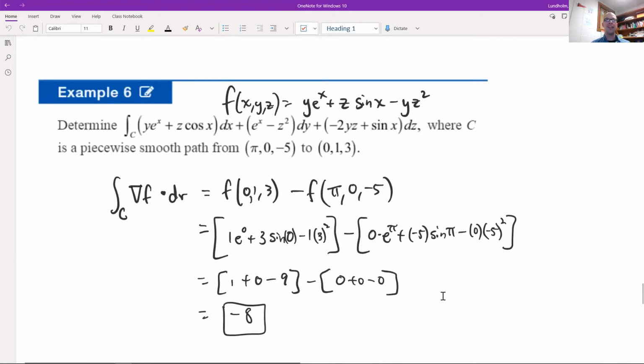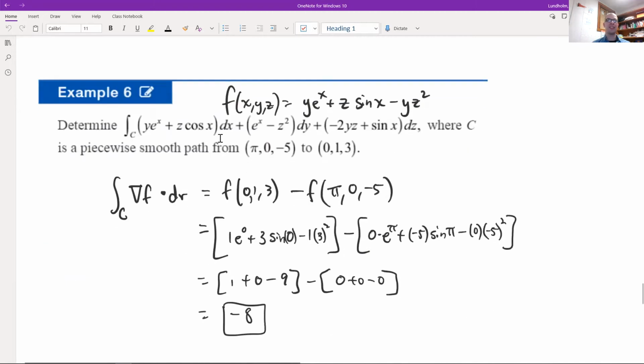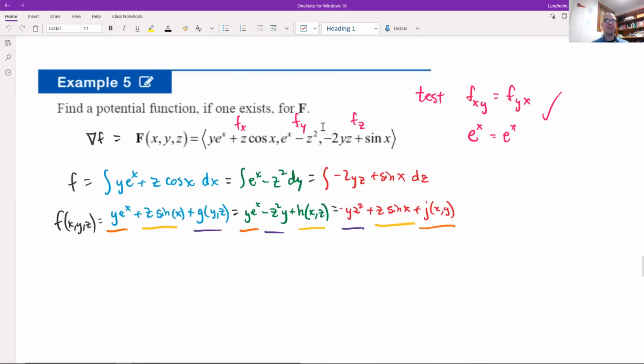Next one, example 6. So here we have this line integral where all of these parts are what we just worked on. This is the partial derivative with respect to x. It's showing up right here. Partial derivative with respect to y, partial derivative with respect to z. And what we found was that this was a conservative vector field that has a potential function.